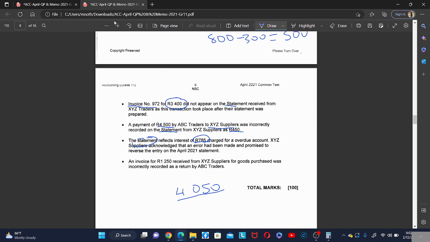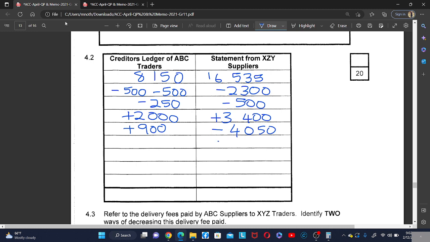But then they acknowledged that this was an error, right? So if they increased the amount that we are owing them because of this error, we need to go and subtract this because they told us that this was an error. We are just subtracting the interest that was added.